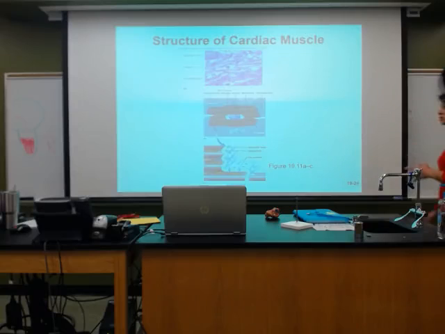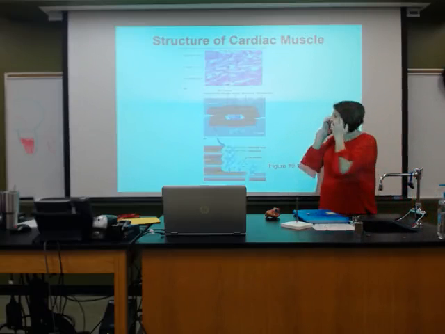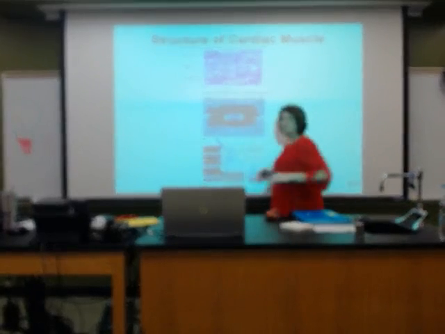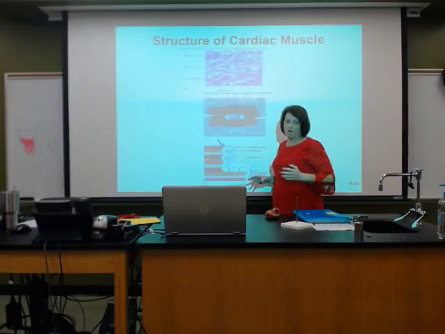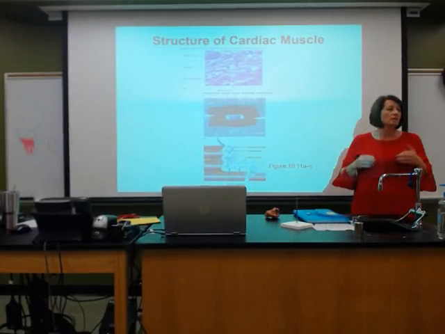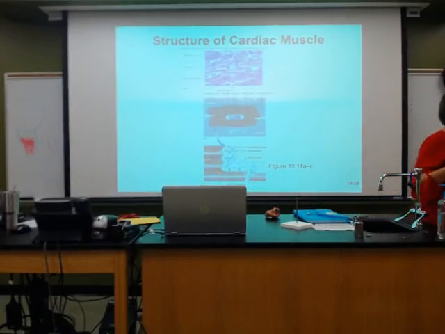The structure that we get, where we've got the one cell with a huge nucleus, lots of mitochondria. Why would these cells need lots of huge mitochondria? 24/7, 365, 366 if it's a leap year. That's a lot.